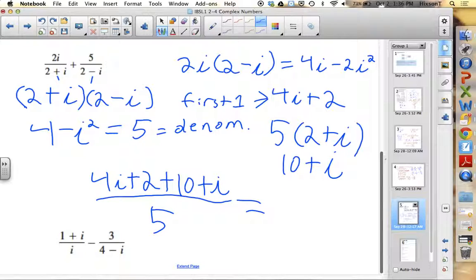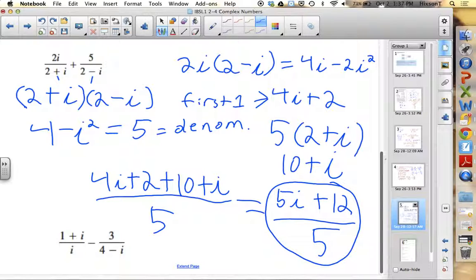Equality. 12 plus 9i. Also wrong your numbers. Okay. Does anyone have something different from this? It's 12 plus 9i divided by 5.